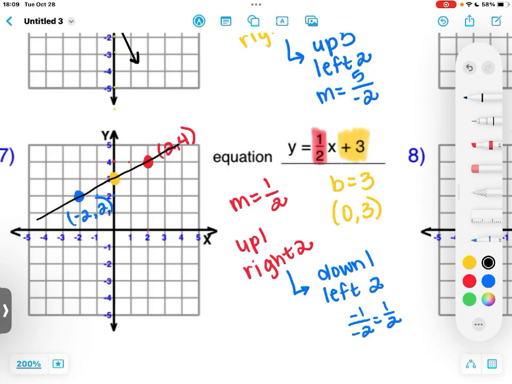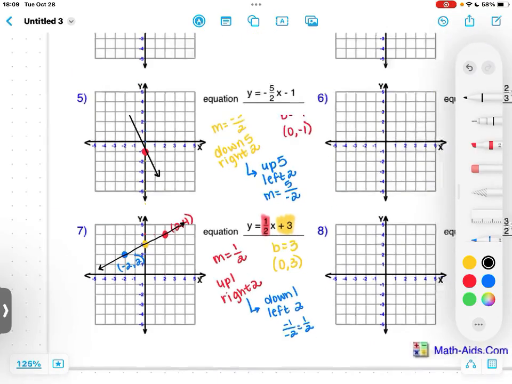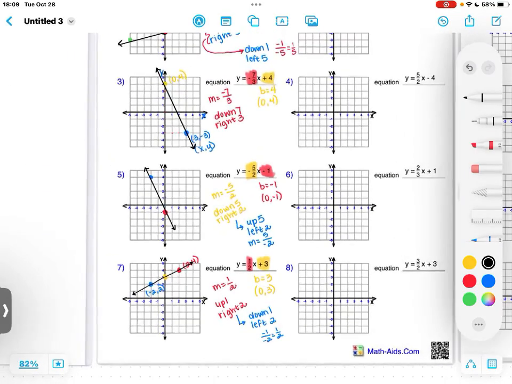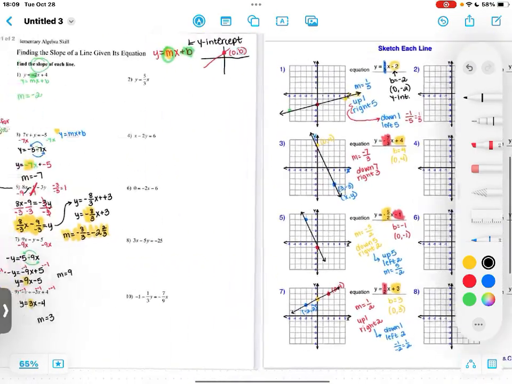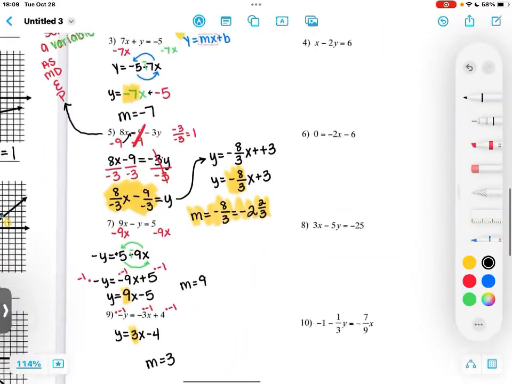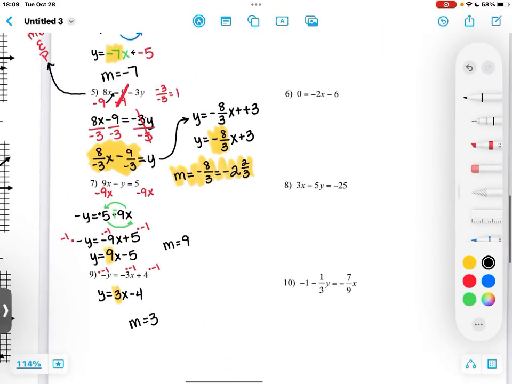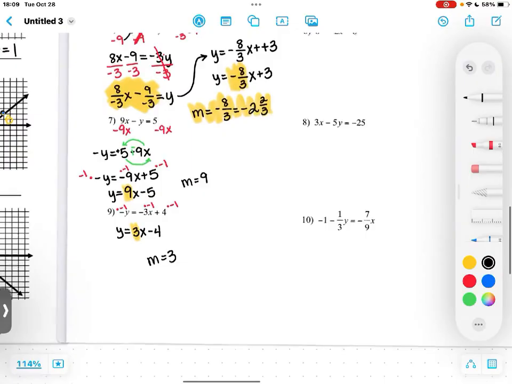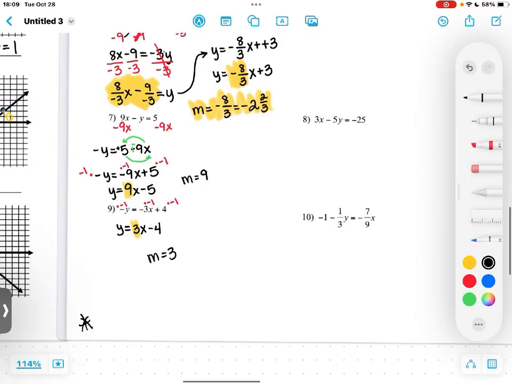Drawing a line that goes through all 3 points, creating my arrows, that way it says that this line goes on forever and ever. And that's how you use an equation in order to create your lines. Now, if you need to, you could solve for y equals mx plus b first and then create your line.